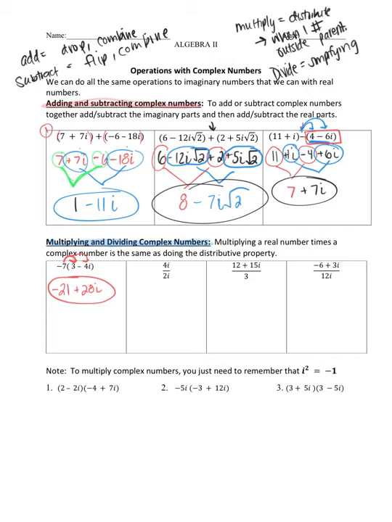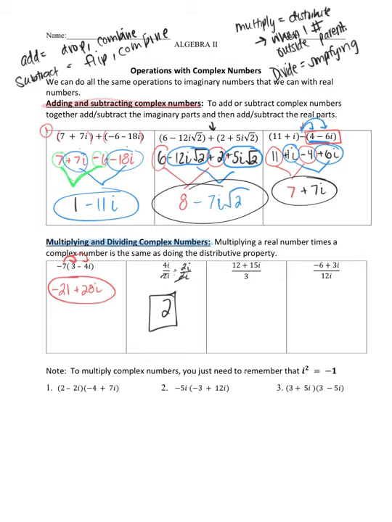I can divide 2i into both of these things, and what I'm going to get is just 2. They are both divisible by 2i. So this would cancel, and 4 divided by 2 becomes 2. Really all we're doing is simplifying.